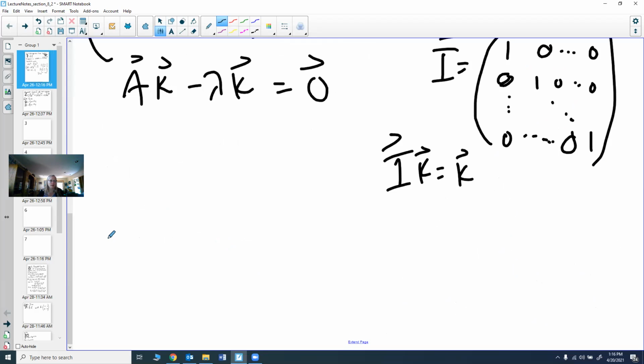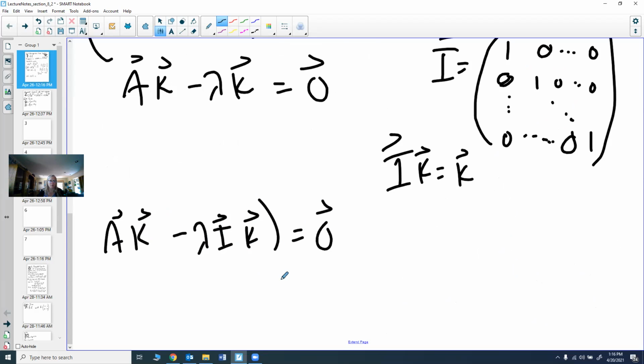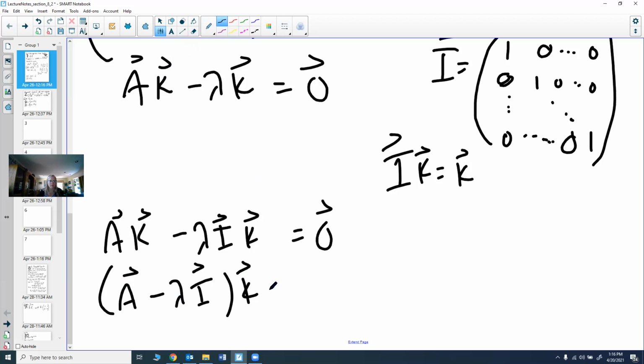That's important because we want to think of this as A times k minus lambda I times k equals the zero matrix. That means I can pull out that k. So we get A minus lambda I, times k, equals 0.